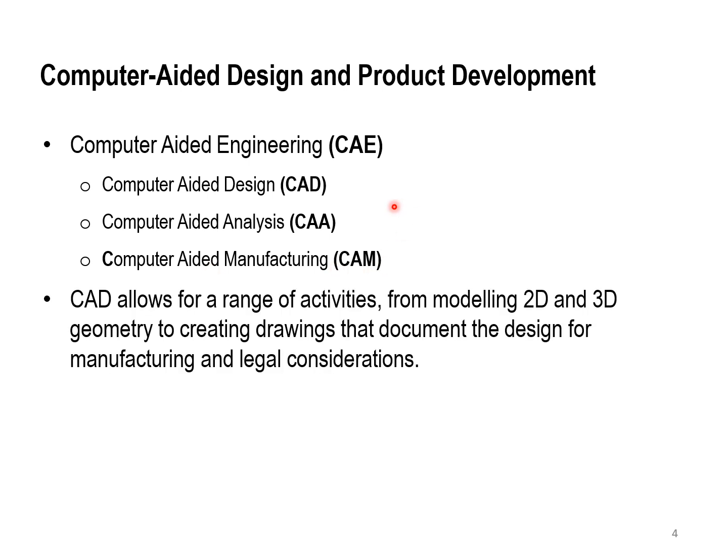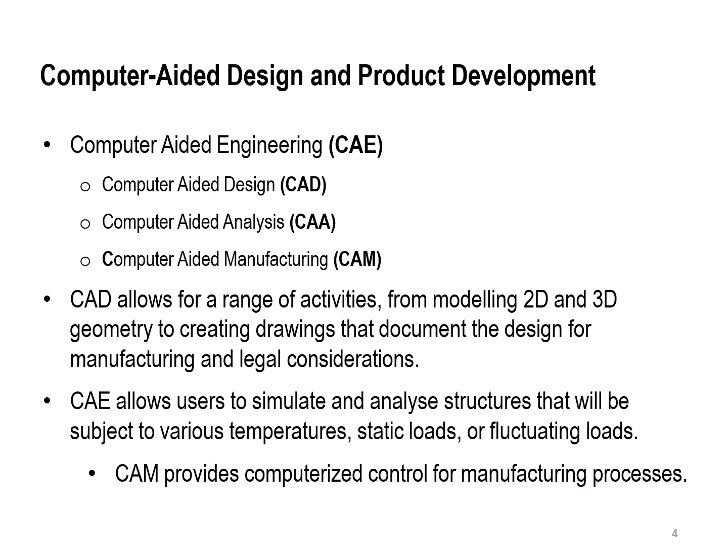CAD allows us a range of activities, like modeling 2D and 3D geometry to creating drawings that document the design for manufacturing and legal considerations. Computer-aided engineering allows users to simulate and analyze structures that will be subject to various temperatures, static loads, or fluctuating loads. Computer-aided manufacturing provides computerized control for manufacturing processes.